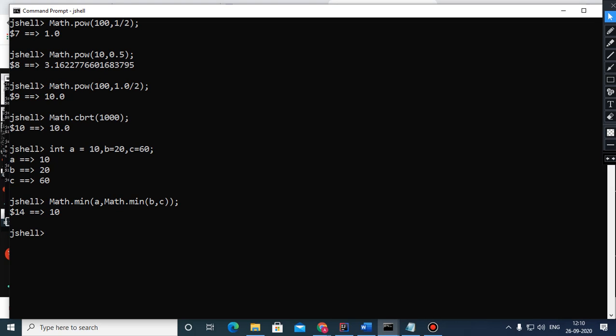It will not be 10.0, as we are passing integer values within this function. Got it? Okay, now here I am writing math.max a comma math.max b comma c. What is the answer here? Answer is 60.